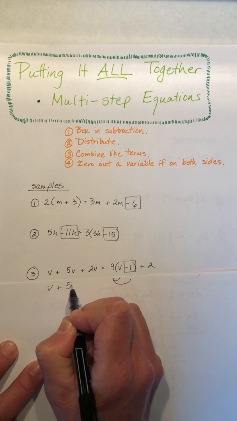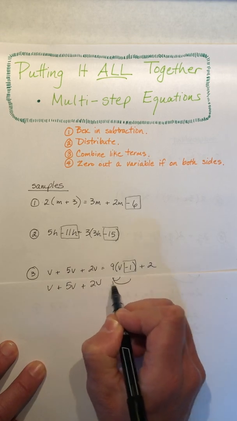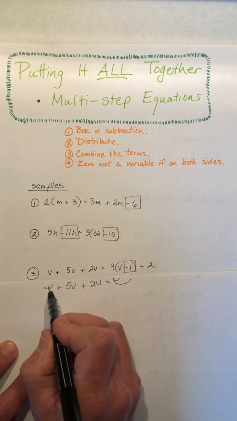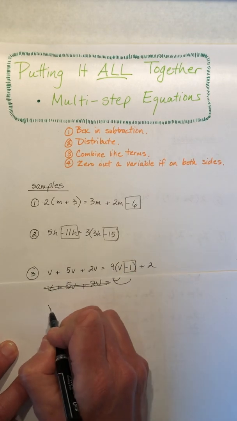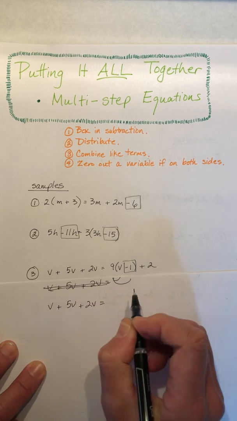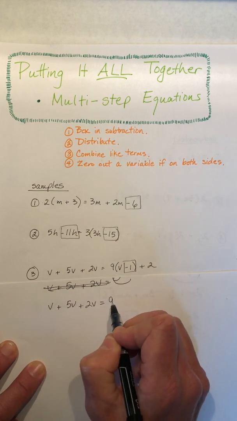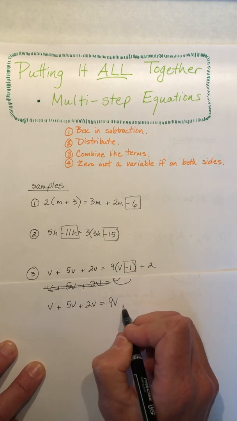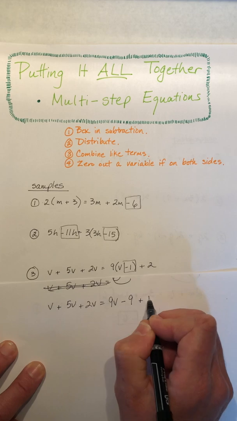V plus 5v plus 2v equals 9 times v. Whoops, that wasn't too smart, was it? I didn't leave myself any room. So 9 times v is 9v. 9 times negative 1 is minus 9.